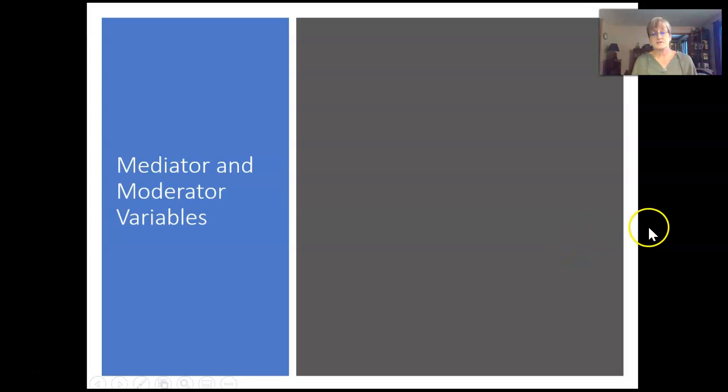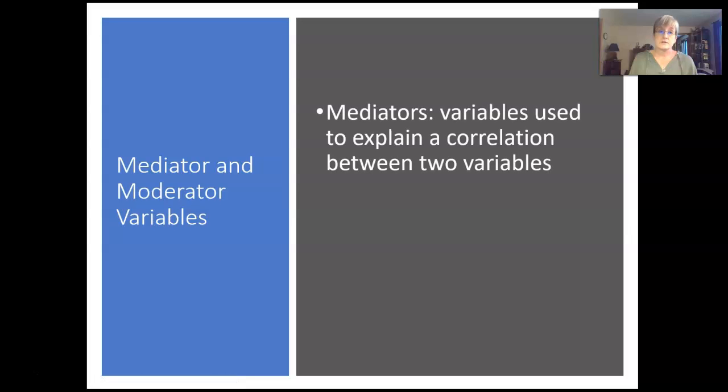In path analysis, there is discussion of what are called mediator variables and moderator variables. Mediators are variables that help you to understand the connection between two other variables. So you might have some intervening factor that helps you to understand the connection between an outcome variable and a predictor variable.